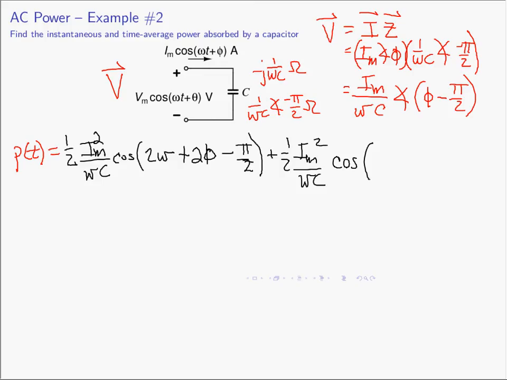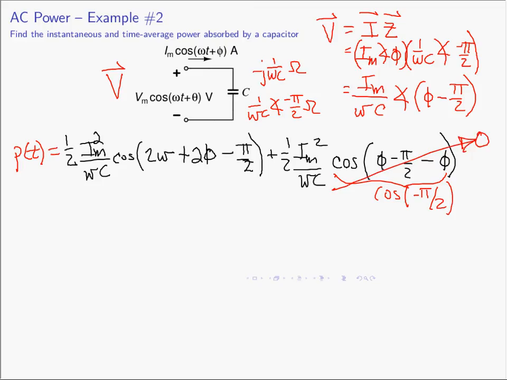Theta is phi minus pi over 2 minus phi. And then we can look at this and we see that we have cosine of phi minus pi over 2 minus phi. So all this part evaluates to the cosine of minus pi over 2, and all of this goes to 0.